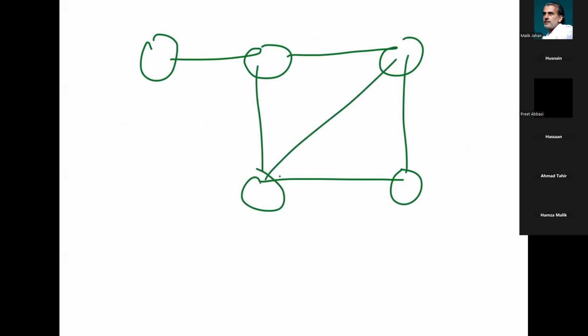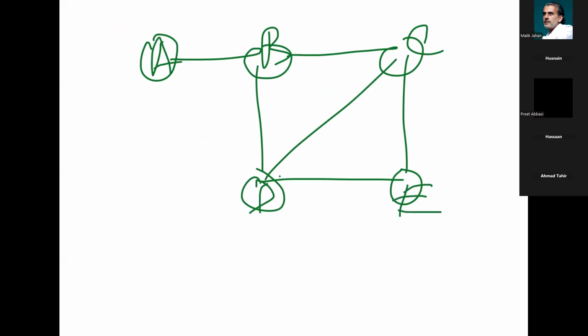Is every pair of this graph connected? Let me name them. If you can find some pair which is not connected, is every pair of this graph connected? No. Which pair is not connected?